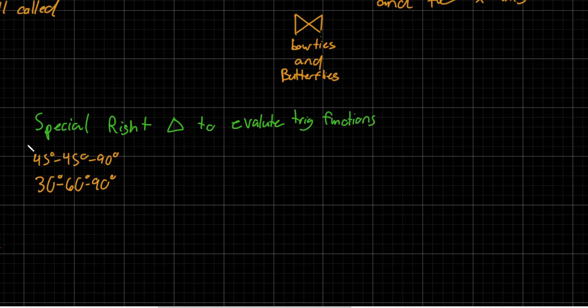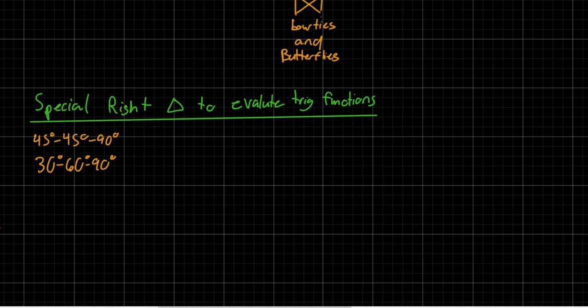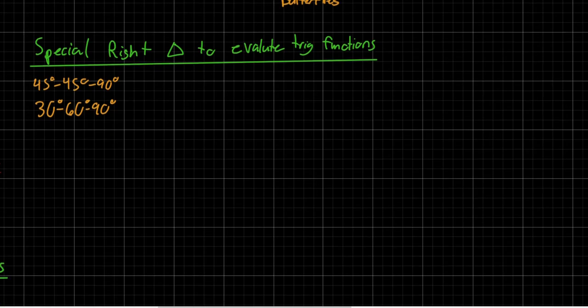Do you want to start off with a 45, 45, 90 or a 30, 60, 90? Okay. That's where we're going to start. Let's start with our axis and our unit circle.